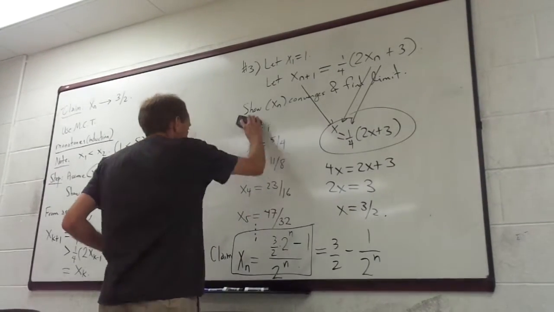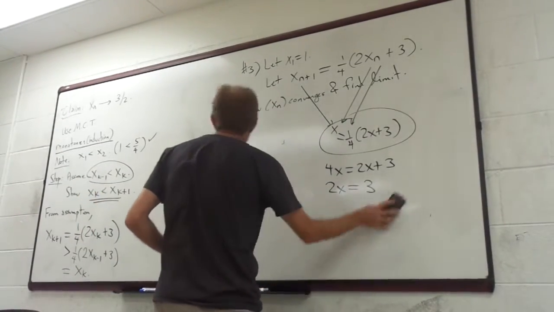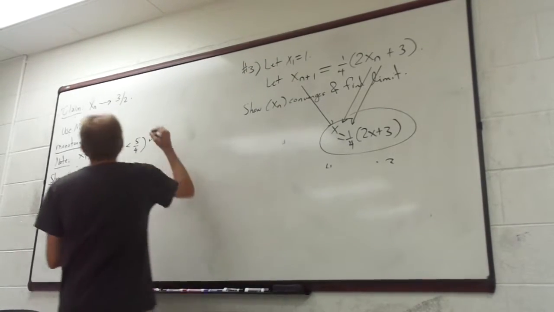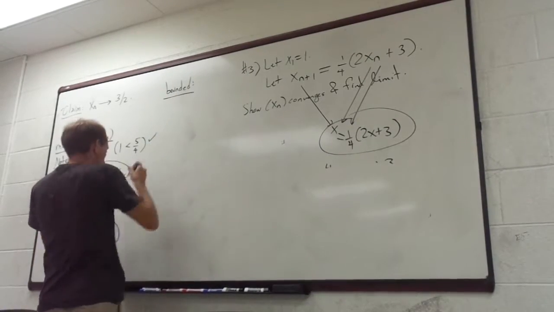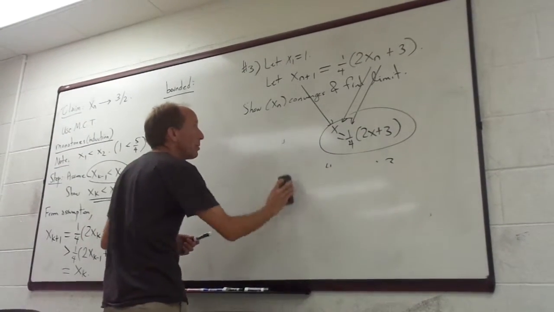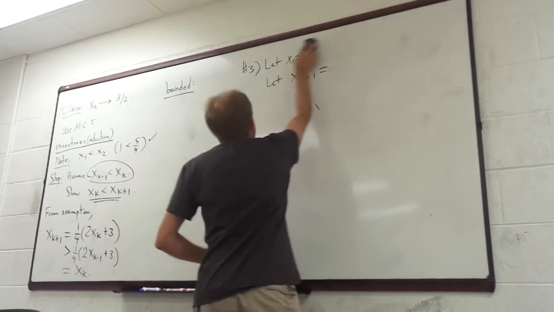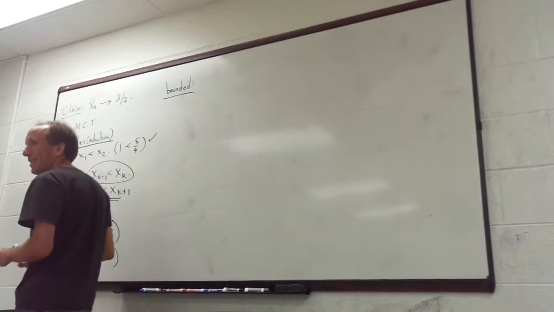Okay, great. Now, the other part of the monotone convergence theorem is bounded. And when it says bounded, you have to remember, you actually have to prove that it's bounded above and below. Which one is easier here, above or below? Below.